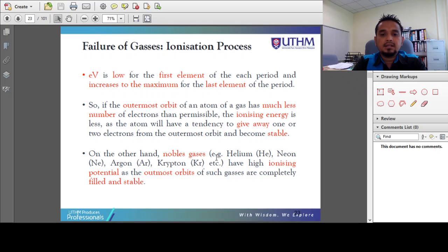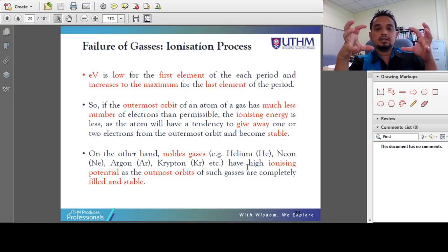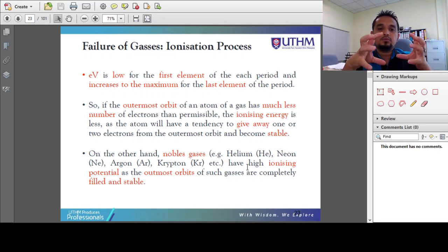On the other hand, noble gases like helium, neon and argon have a high ionization potential because they are stable, as the orbital in their outer shell is fully occupied. Since they are in a stable condition, they require much higher energy to become ionized.